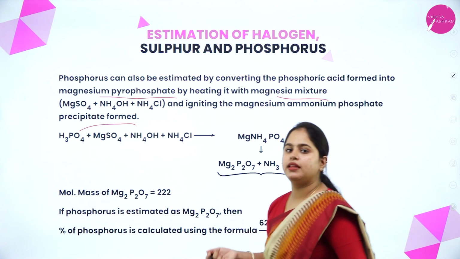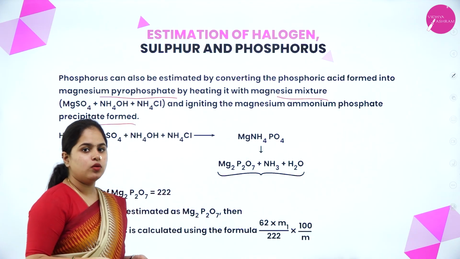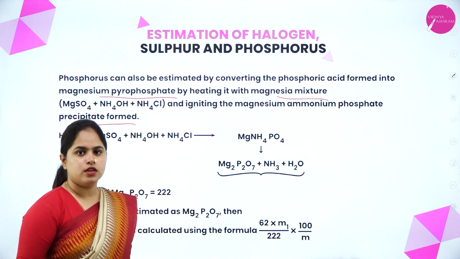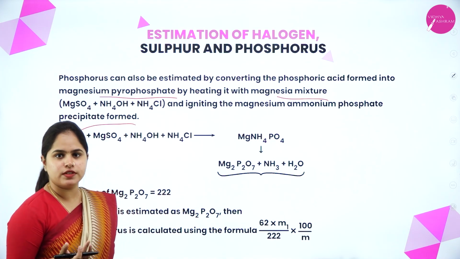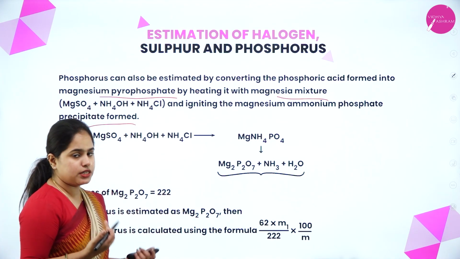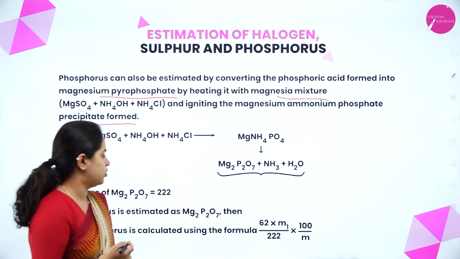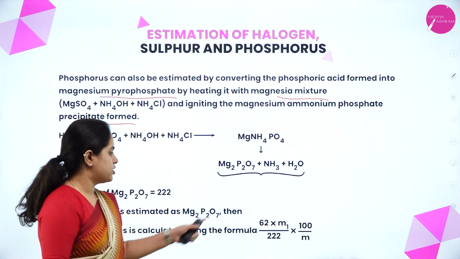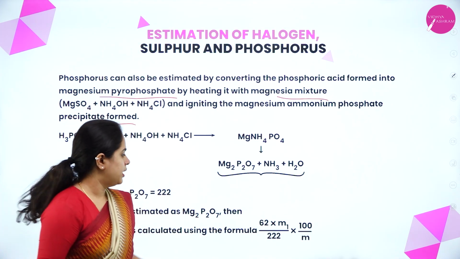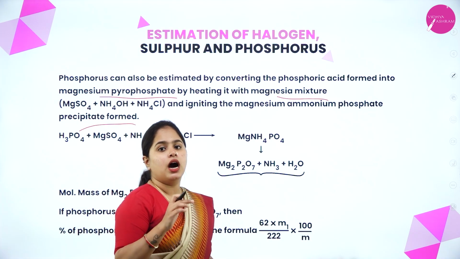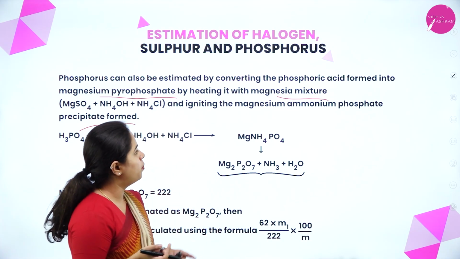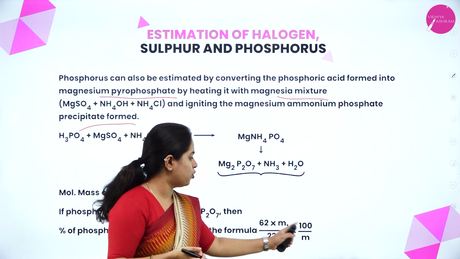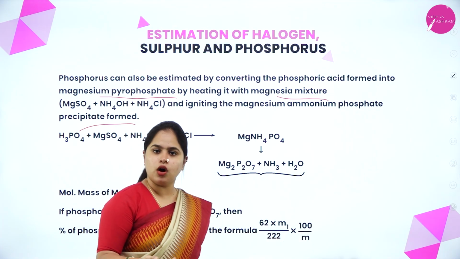Then what change will be there in the final equation? Now it is not ammonium phosphomolybdate, it is magnesium pyrophosphate, so the molecular mass and the atomic mass will change. The percentage of phosphorus will be calculated using 62 into M1 divided by 222 into 100 by M. Here 62 is the atomic mass, M1 is the amount of the precipitate formed, divided by its molecular mass 222, into 100 by M, where M is the total mass of the organic compound.